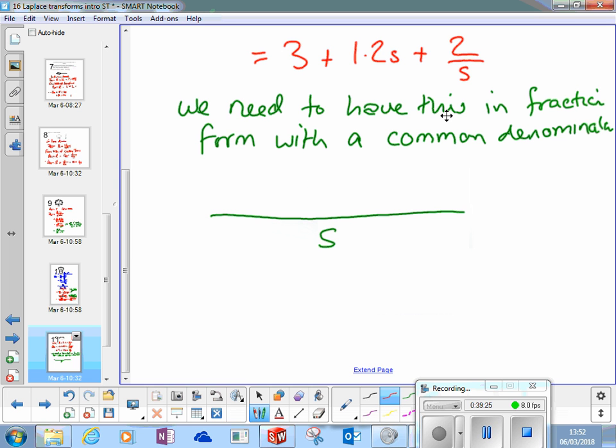How do we make that 2 over s? We just put 2 in there. What do we have to do to this bit to make it right?